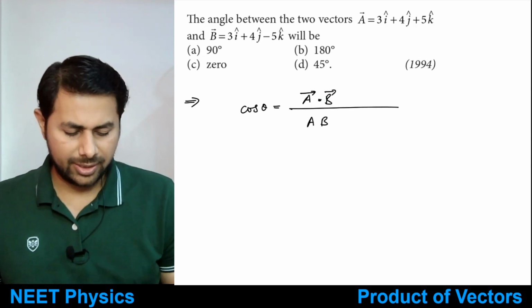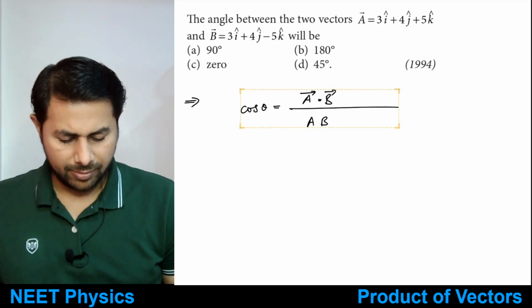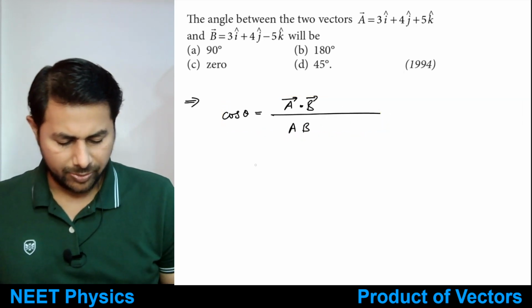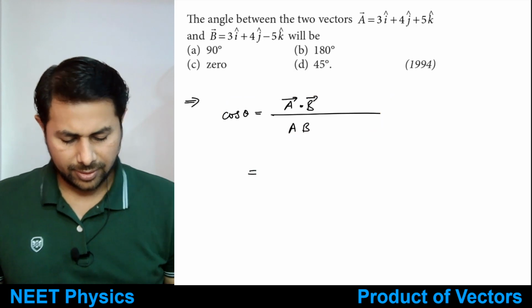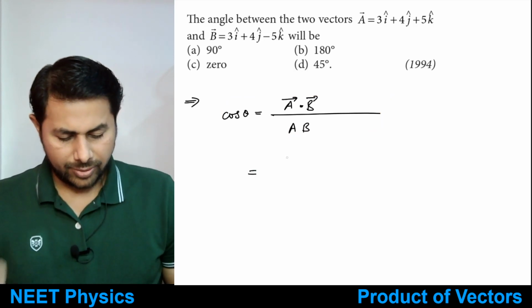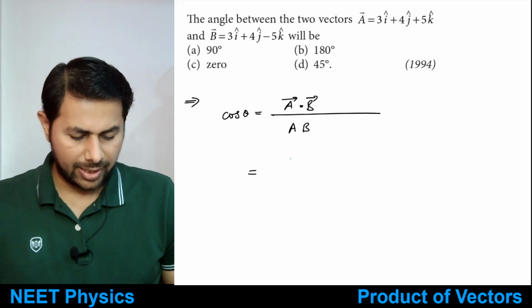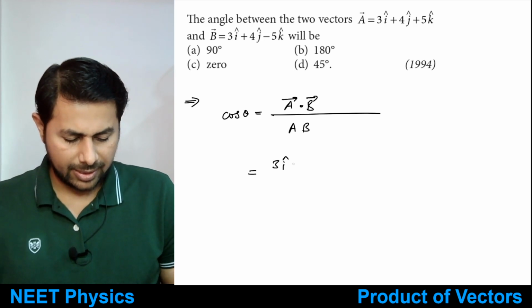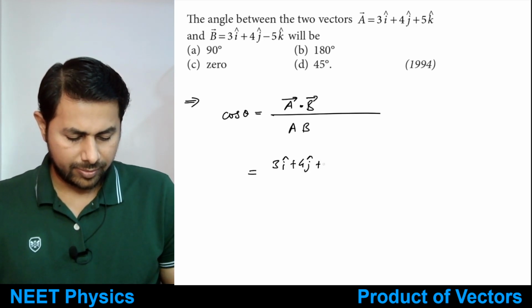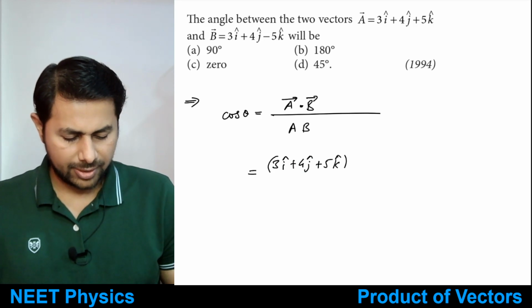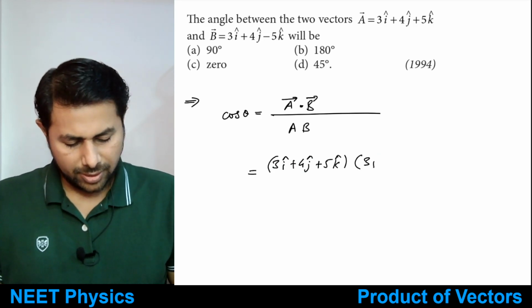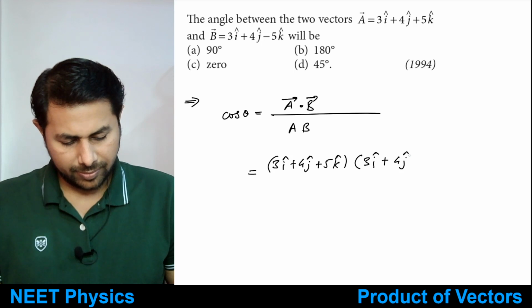This is a lengthy thing to do, but let's just do it once. So a bar is 3i cap plus 4j cap plus 5k cap, and b bar is 3i cap plus 4j cap minus 5k cap.